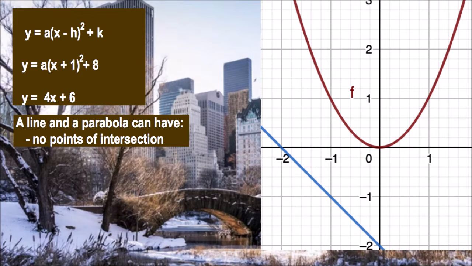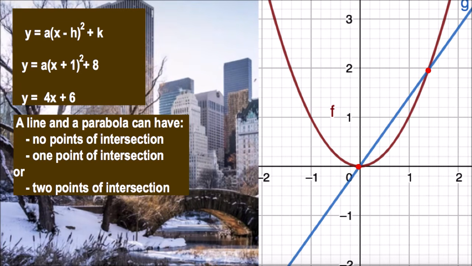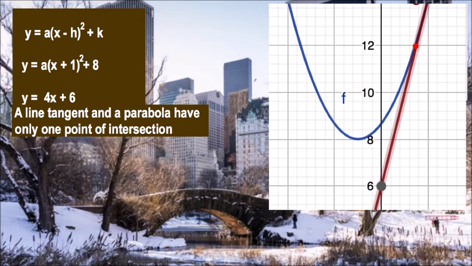A line and a parabola can have no points of intersection, 1 point of intersection, or 2 points of intersection. A line tangent and a parabola have only 1 point of intersection, as shown in this example. They touch once at that red dot.